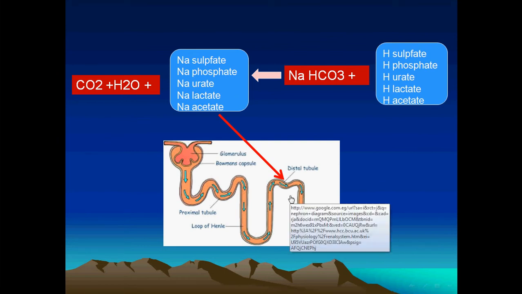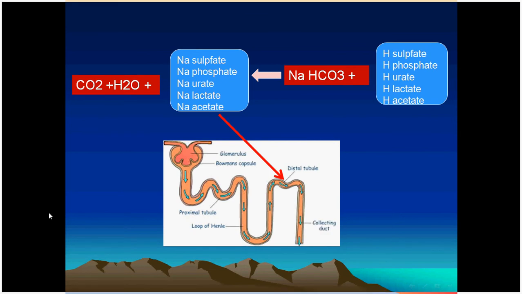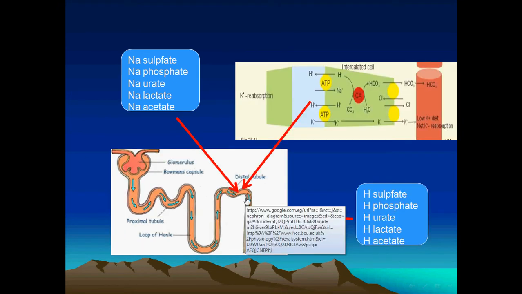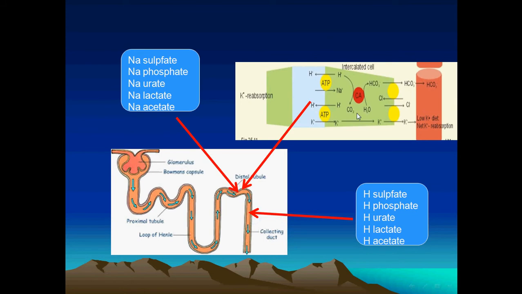These will be filtered and come to the distal convoluted tubules, where carbonic anhydrase acts to produce hydrogen ion, and this hydrogen goes out in exchange to absorb sodium by this pump. So the hydrogen ion goes out, sodium is absorbed from the sodium sulfate to give sulfuric acid, and this sodium will go with bicarbonate, and so we synthesize and replace the bicarbonate molecule again.